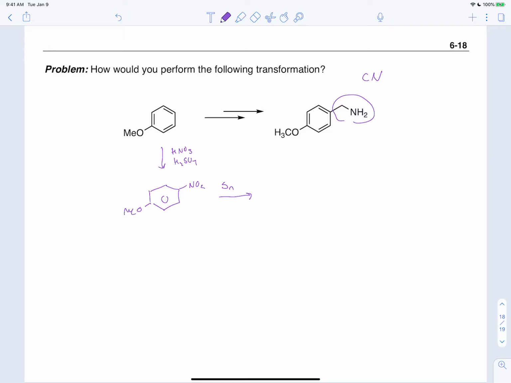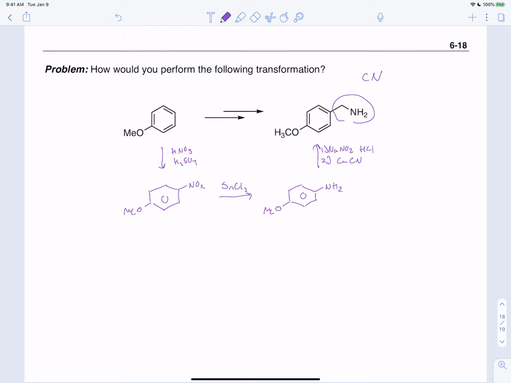This can be reduced with tin chloride to the aniline, and then using sodium nitrite and HCl, followed by copper cyanide.